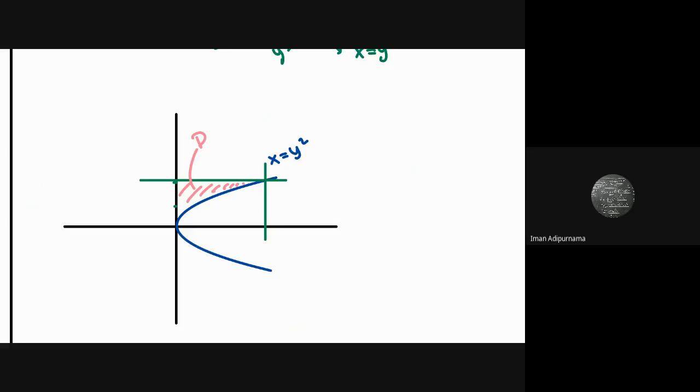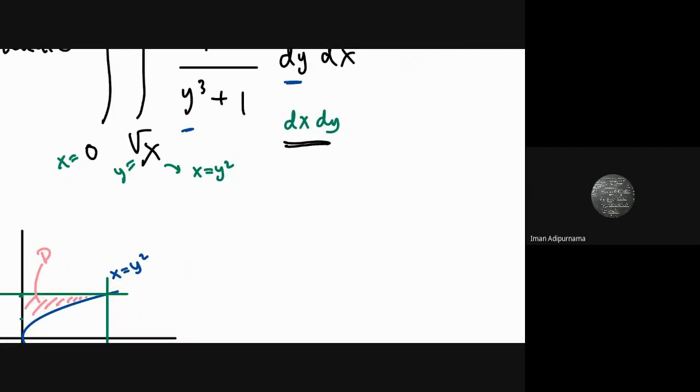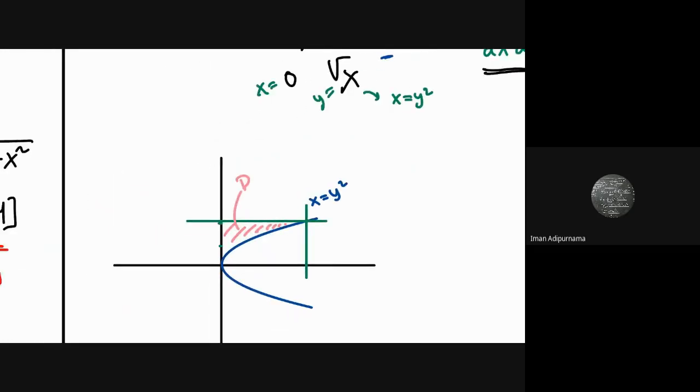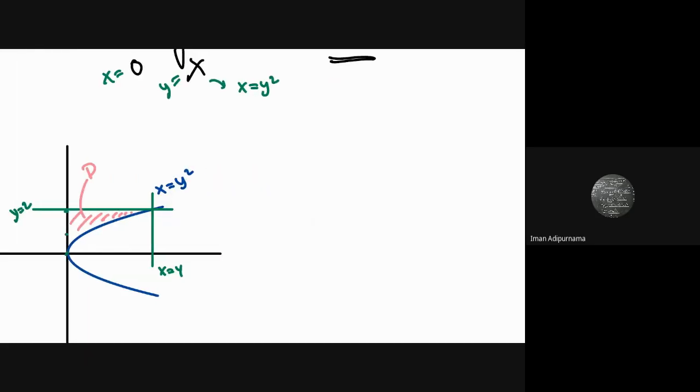Okay, so if we want to make the order become dx dy, then this will be y equal 2, x equal 4, right? So we need to look at y from 0 to 2.